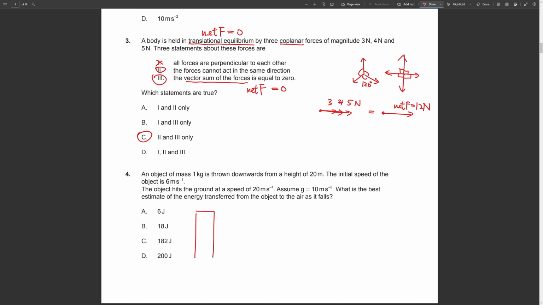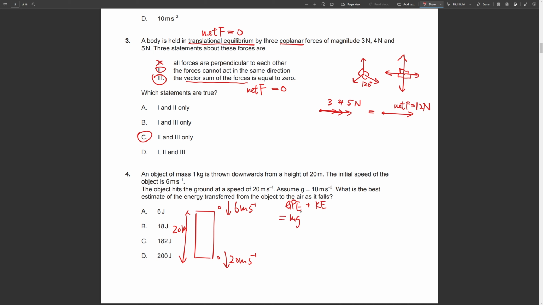Question 4. An object is falling from a column of 20 meters and it was thrown downward at 6 meters per second. When it hits the ground, it is moving at 20 meters per second. Let's take a look at the total energy at the top. It is GPE and KE.